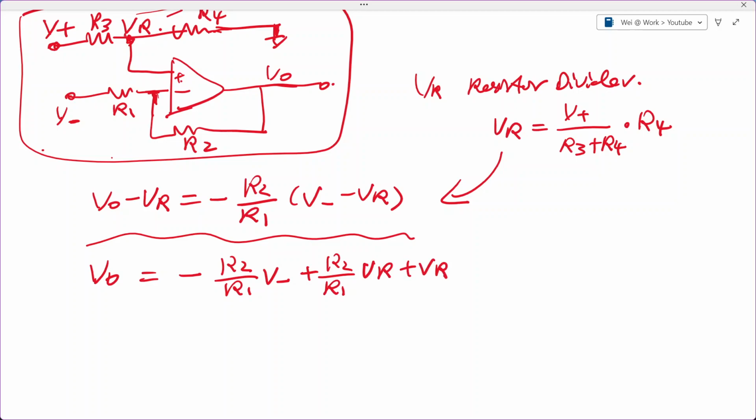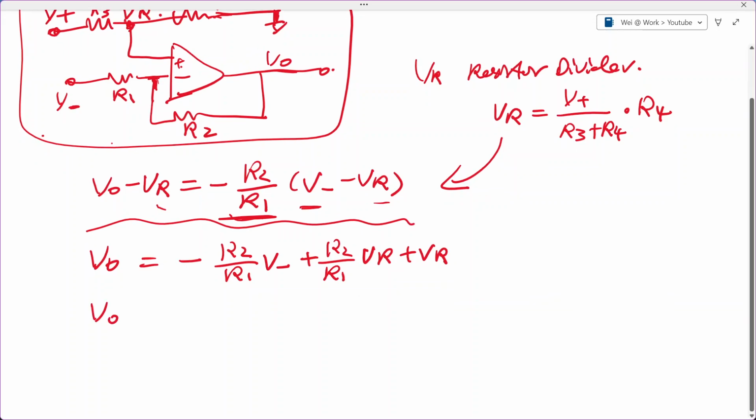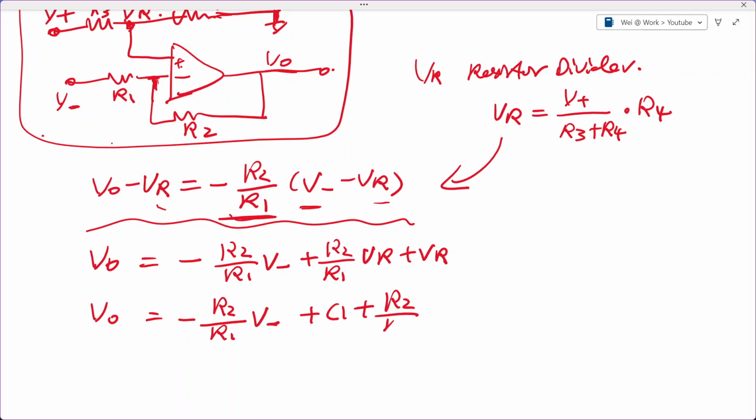We just distribute this into the bracket and move VR to the other side. So V out equals minus R2 over R1 times V minus, the inverting input, plus 1 plus R2 over R1 times VR.